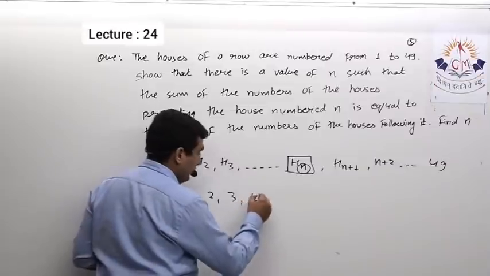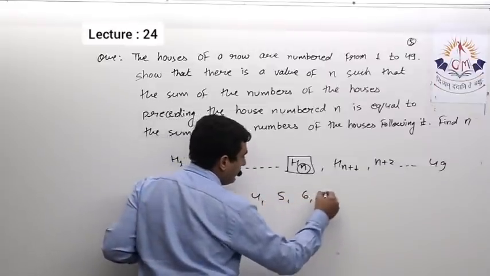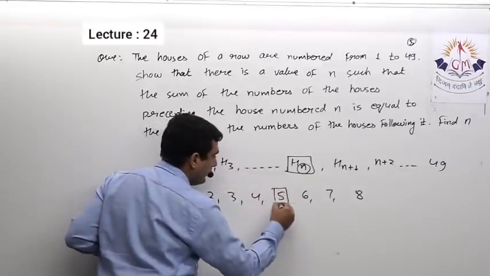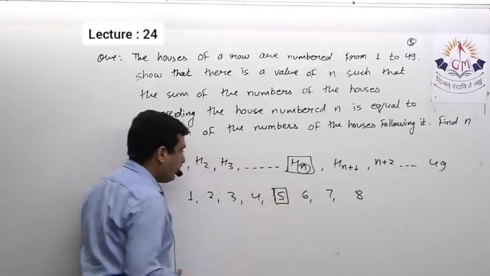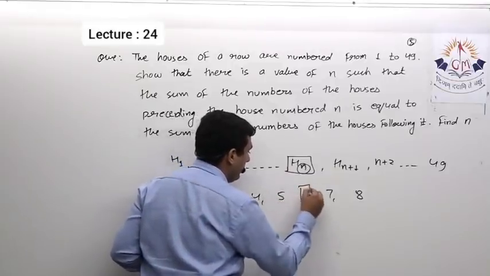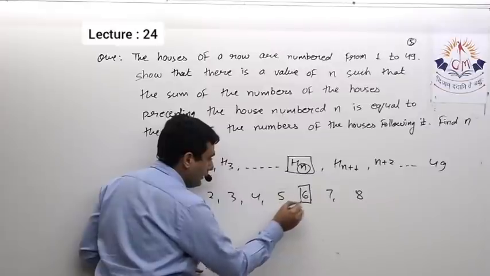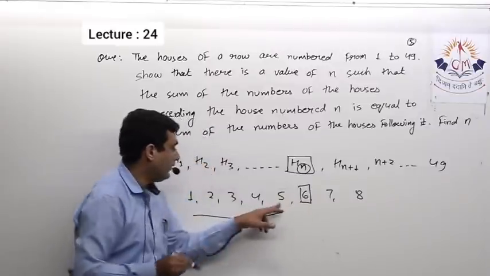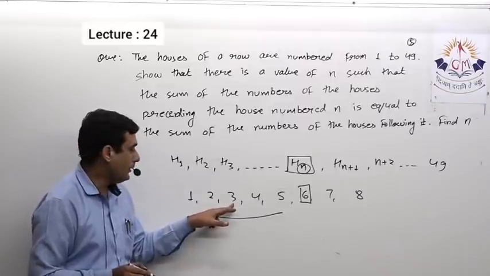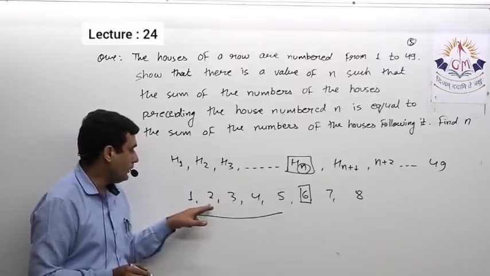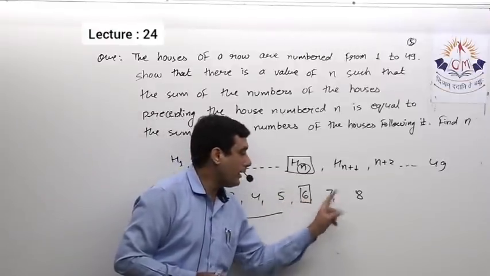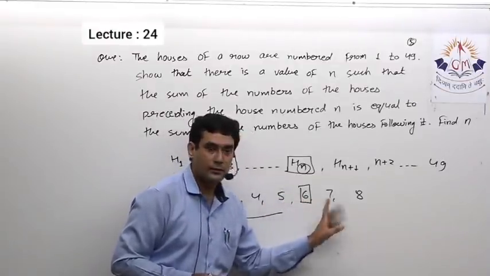Then we can see practically that there exists such a number. This 6 is the value of n, because the numbers preceding it, 5 plus 4 is 9, plus 3 is 12, plus 2 is 14, plus 1 is 15, equal the numbers after it, 7 plus 8 is 15.